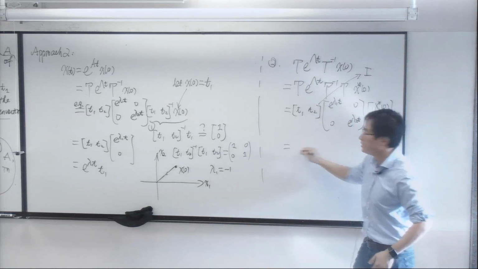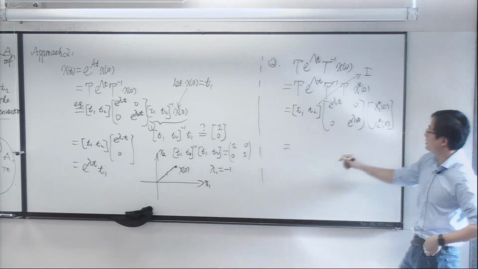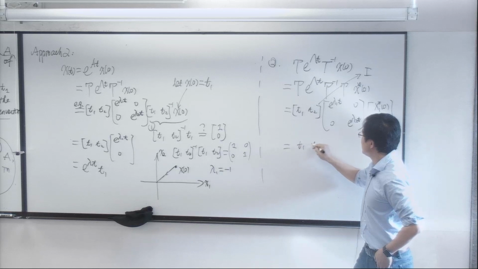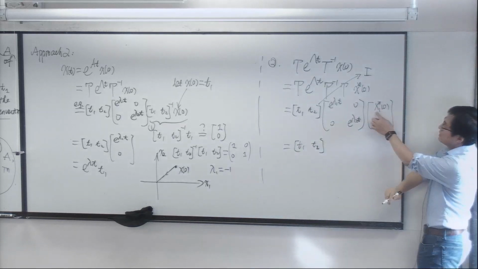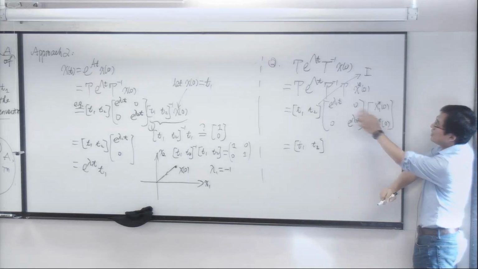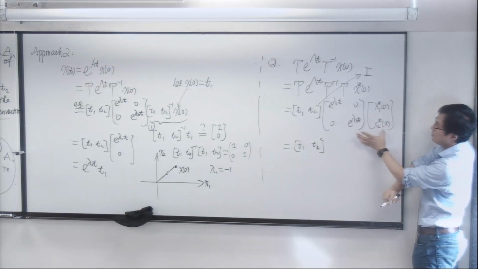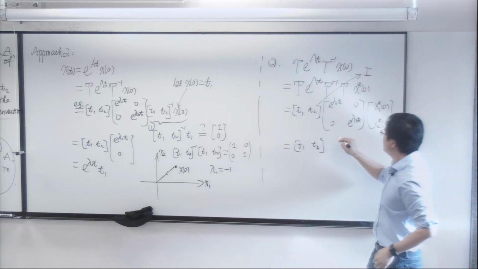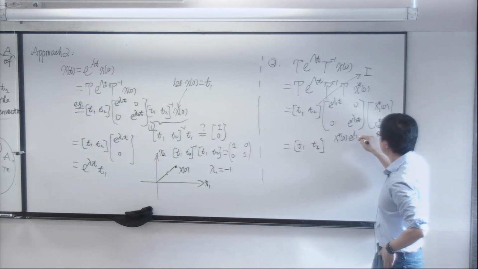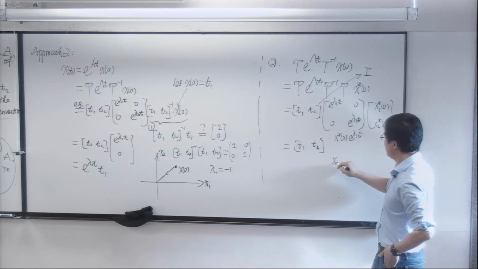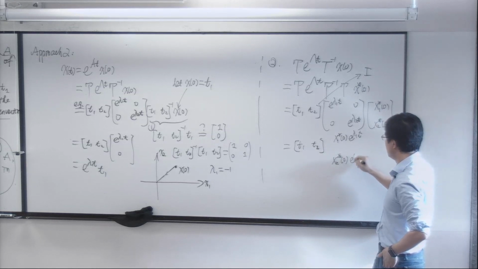So I can actually write the entire thing out, so we can see better. It's t1, t2. The first column multiplying x1 star 0, plus the second column multiplying x2 star 0. So it's x1 star 0, e^(λ1t), x2 star 0, e^(λ2t).